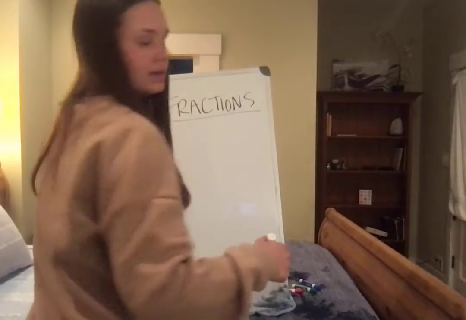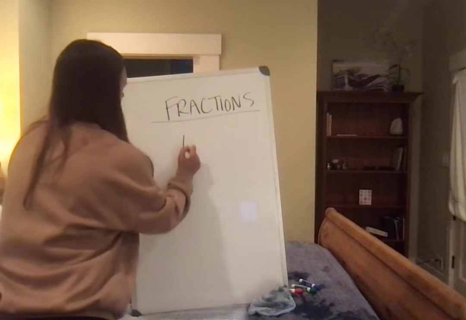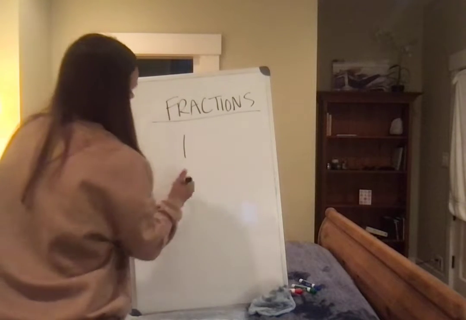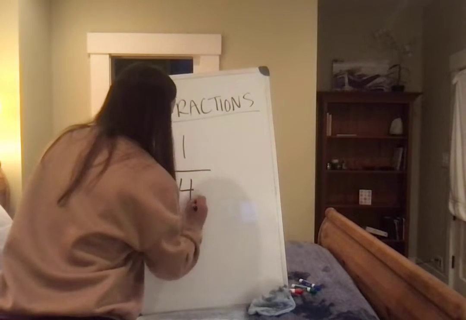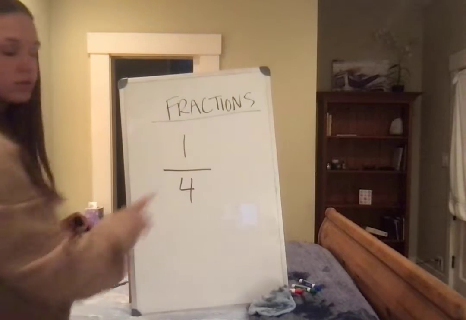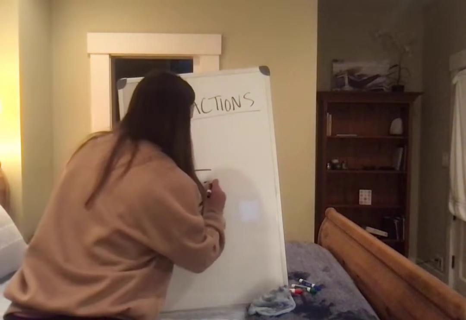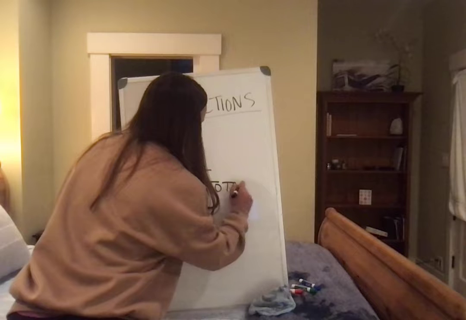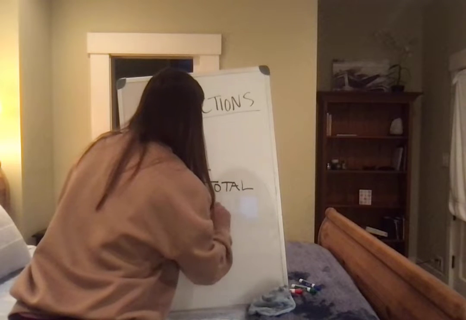So like I said, I ate one piece of a 4-piece pizza. Okay, so the bottom number is the total number you have. That's called the denominator.